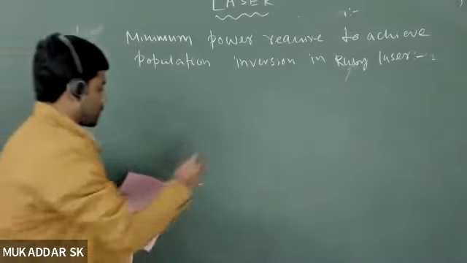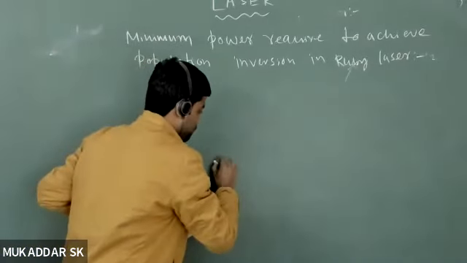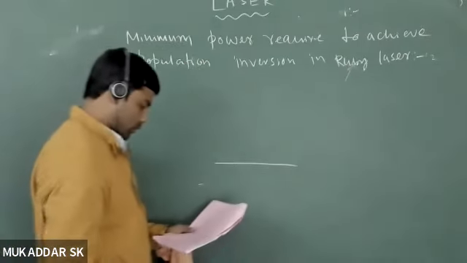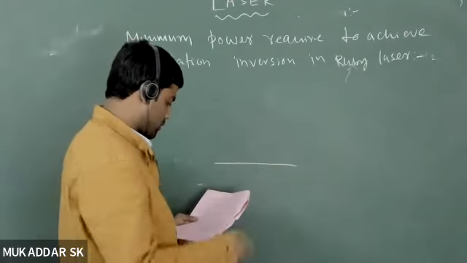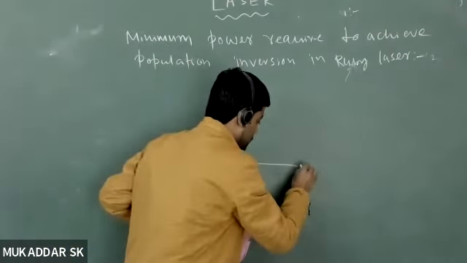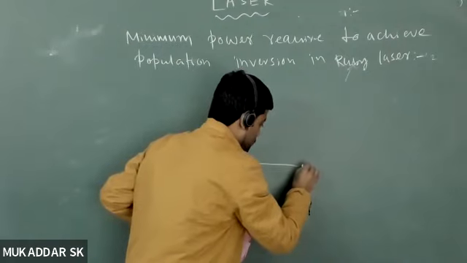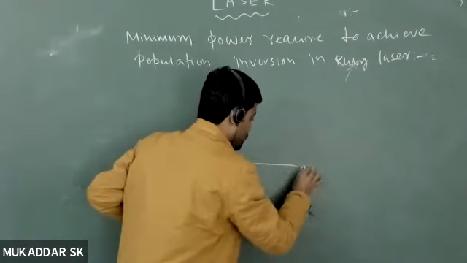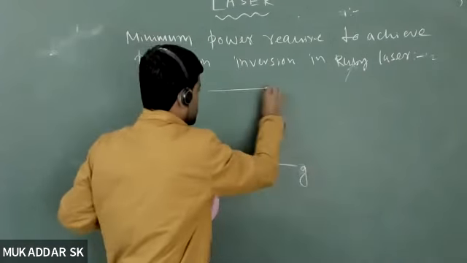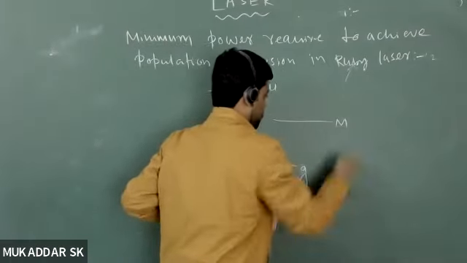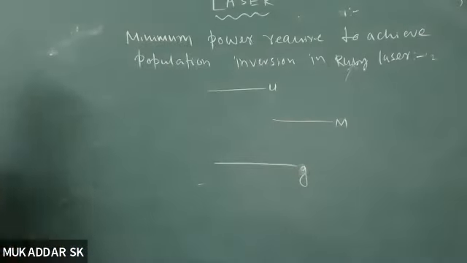Okay. So again, you have a three-level system. Okay. Let us denote that system. You have a ground state. Ground state, 0, or we can write this symbol. Then you have an upper state U and metastable state M. Okay.